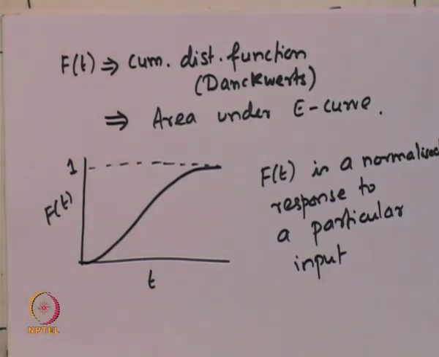So, let us summarize what we have learnt in today's lecture. We have looked at the properties required of a tracer to function as a tracer to estimate the residence time distribution function.